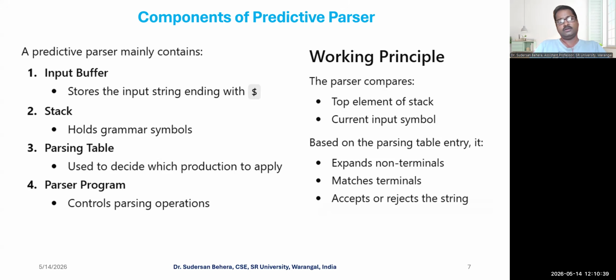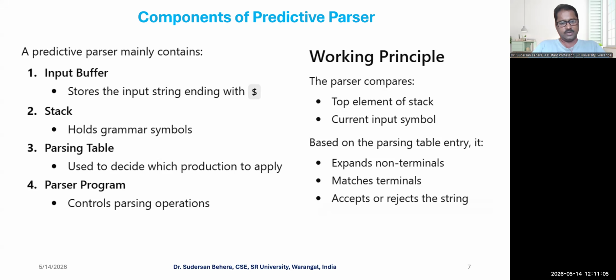Whenever it encounters a non-terminal on top of the stack that does not match the input symbol, it expands, and it always tries to find a terminal on top of the stack so that the terminal can match with the input symbol and it can proceed forward.